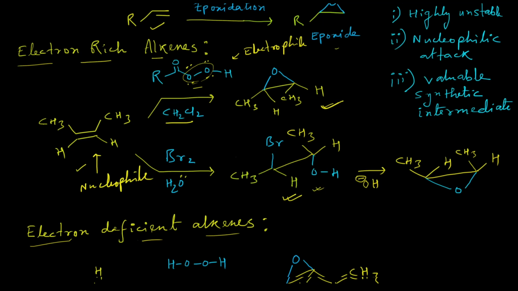After that, if we treat this bromohydrin with a base such as sodium hydroxide, then this OH- will abstract this hydrogen. This oxygen hydrogen bond will now break, and the pair of electrons will attack this carbon bromine bond from the backside, which will lead to the leaving of bromide as a leaving group, and our desired product, an epoxide, will form after the reaction.